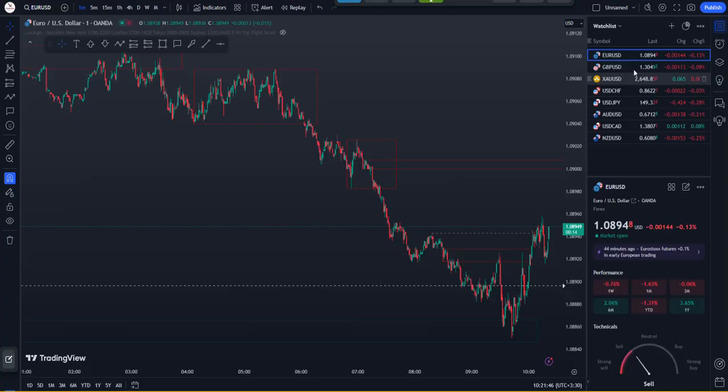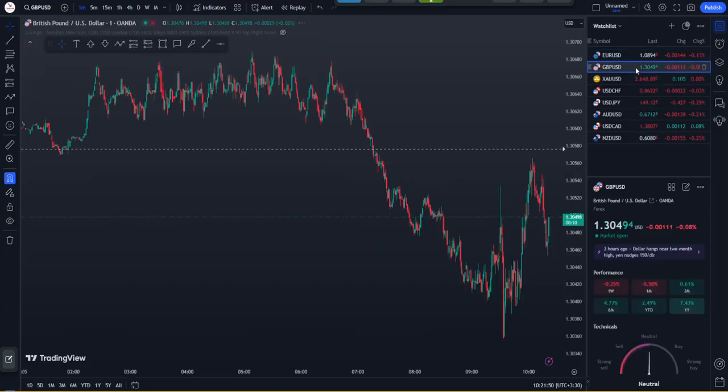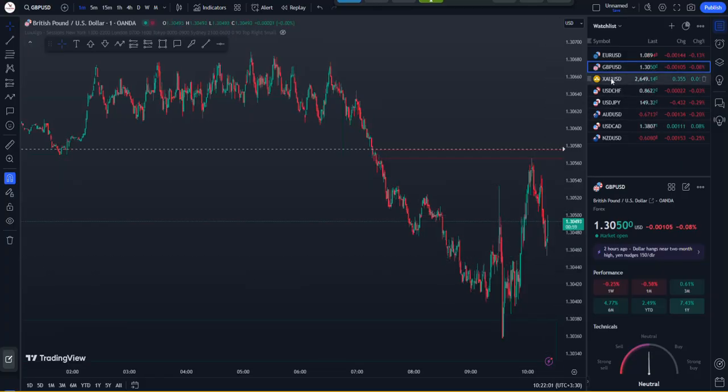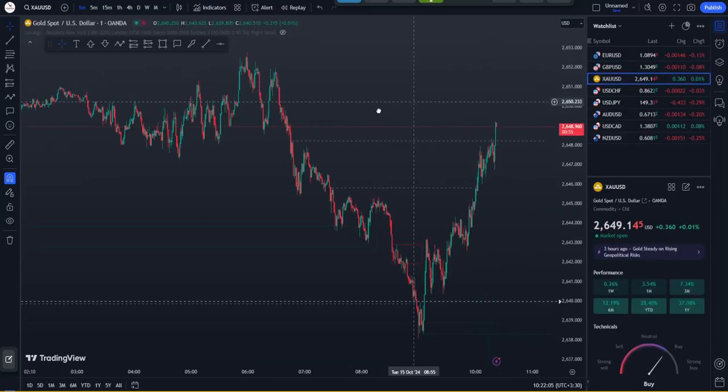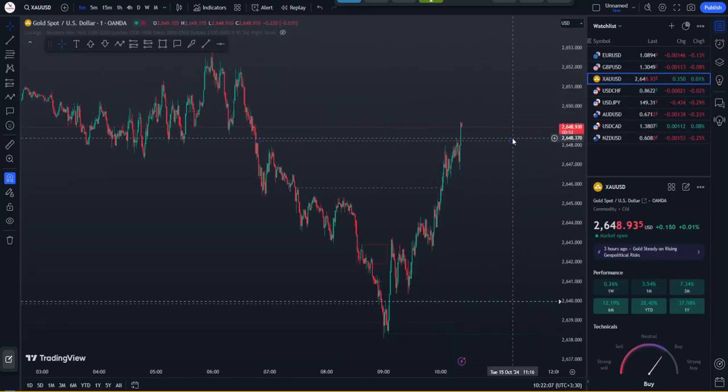Okay, and pound. And pound, I'm waiting for it to engulf this one to go long, and not yet, it's going back to nowhere. Gold price engulfs this one too.